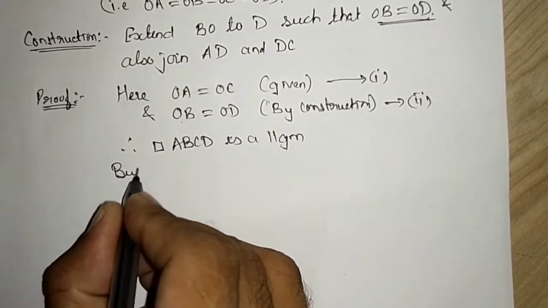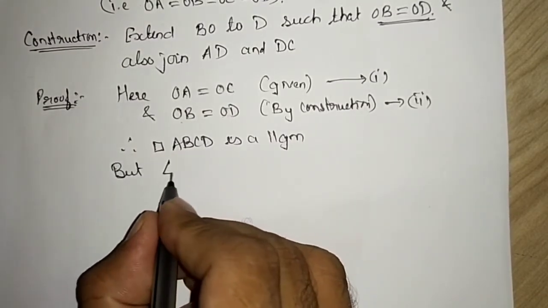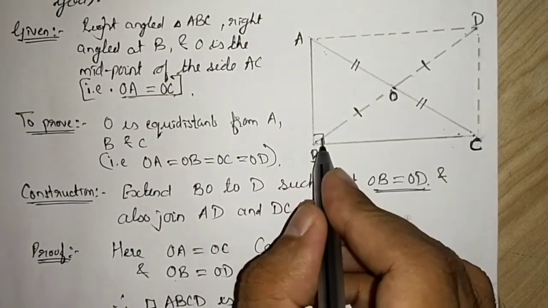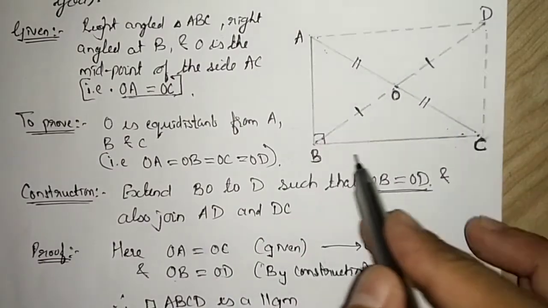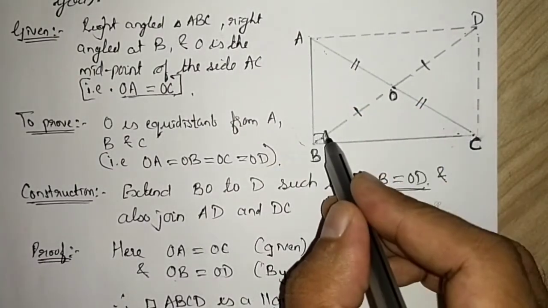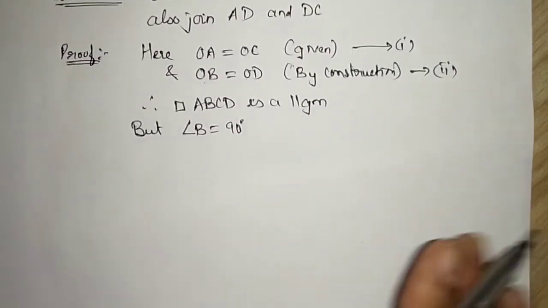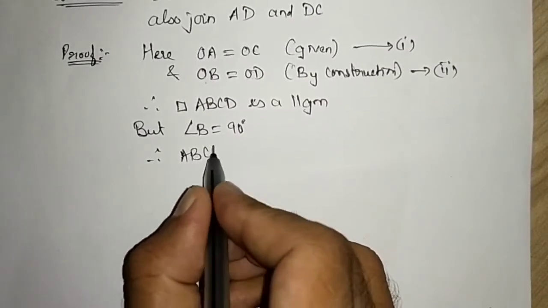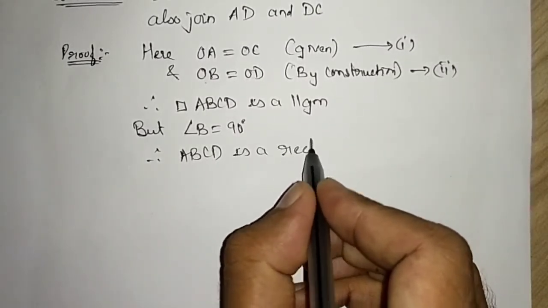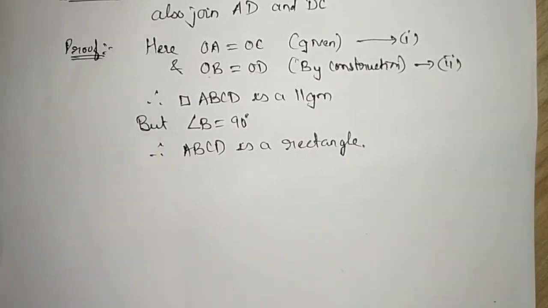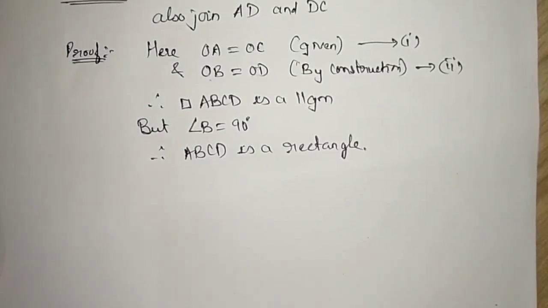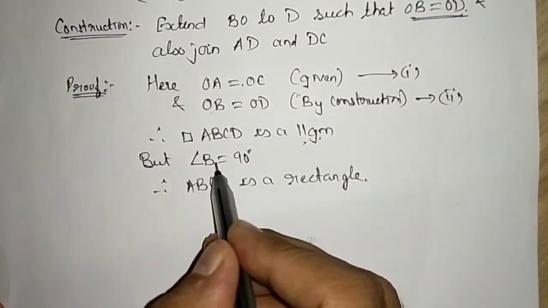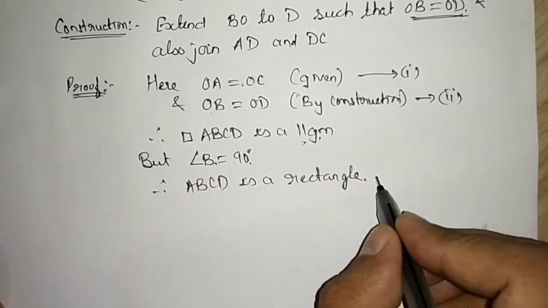But angle B is equal to 90 degrees. So ABCD is a parallelogram with one of its angles 90 degrees. Therefore ABCD is a rectangle. Understood students? Since the diagonals bisect, it is a parallelogram, and a parallelogram having one angle of 90 degrees is a rectangle.